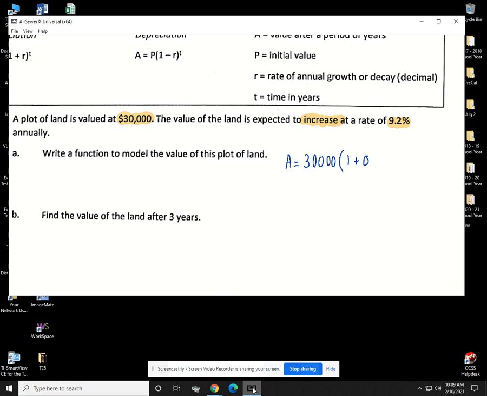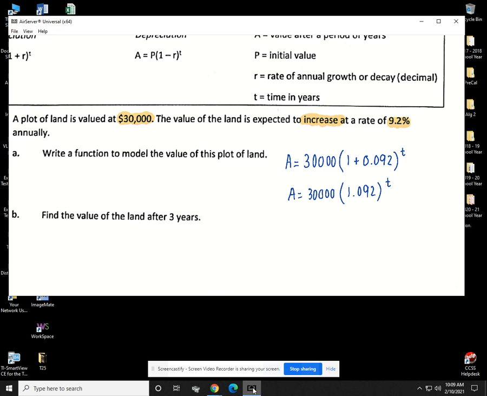And it's 0.092 raised to the T power. So if I clean this up, A will equal 30,000 times 1.092 raised to the t power. That is my simplified function for this particular equation.